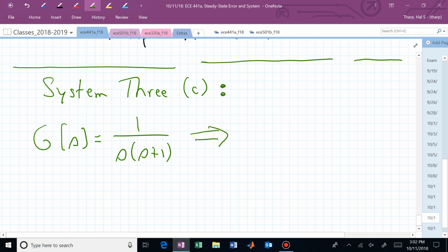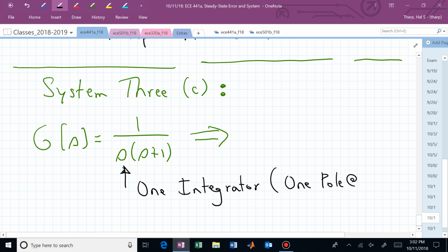And now I hope you can see that in this particular case we do have one integrator, a pure integrator, in that system, or we have one pole at the origin. That's what we mean when we say we have an integrator. We have a pole at the origin. If that was an s squared, then we would have two poles at the origin, and it would be a type 2 system. This G of s is now a type 1 system.